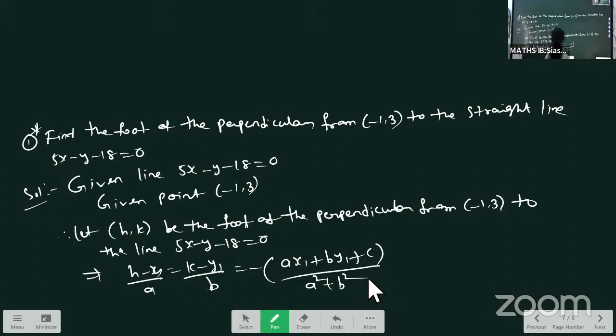With the help of this, we have to find the h and k values. Now substitute. (h minus of -1) by a, which is 5, is equal to (k minus y1, which is 3) by b. What is the b value here in the equation? -1.